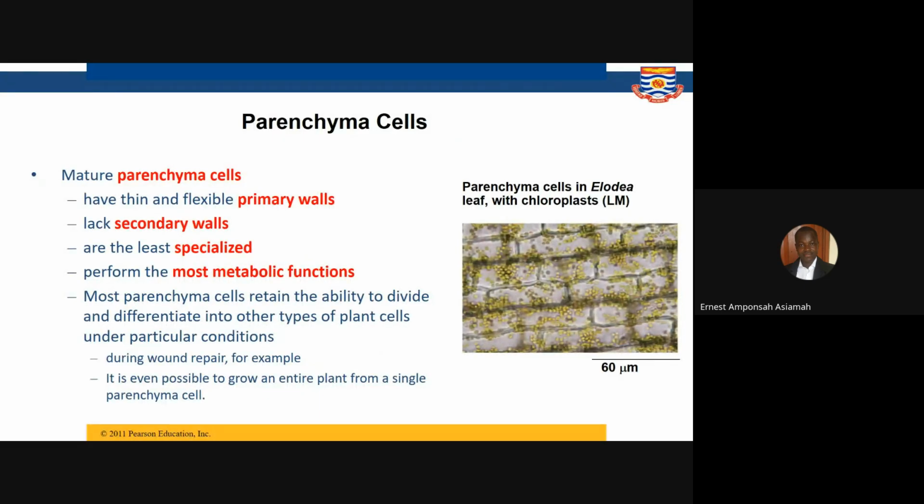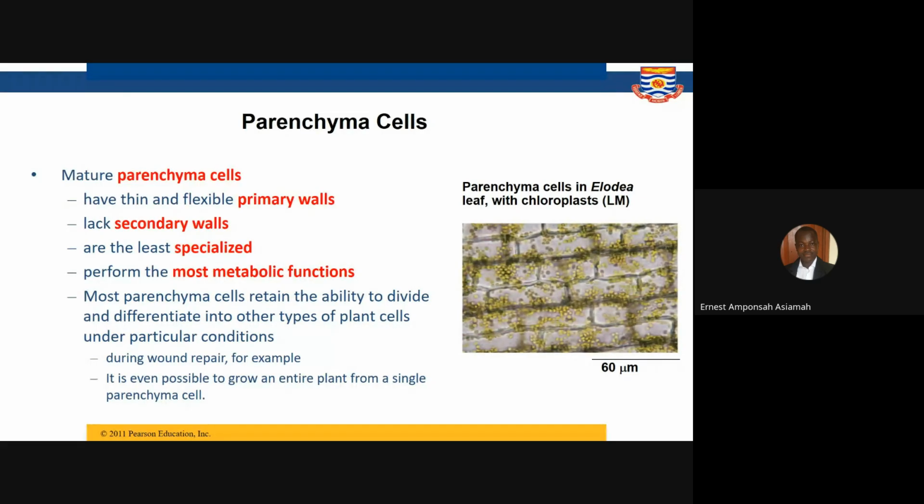So we look at the parenchyma cells, and on this picture, I've shown you there are some cells which are shaped like rectangles. They are parenchyma cells. The other green structures are just additional structures. So parenchyma cells have a cell wall, but their cell walls are relatively thin and flexible.